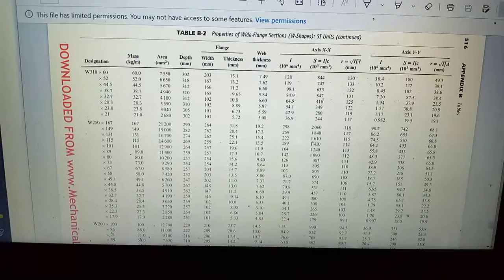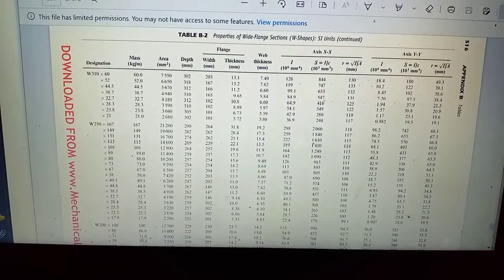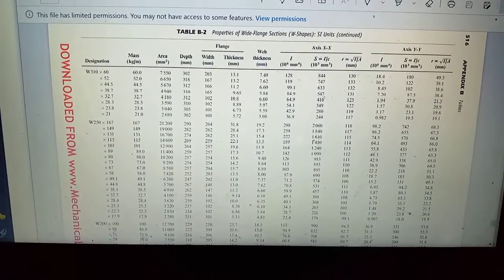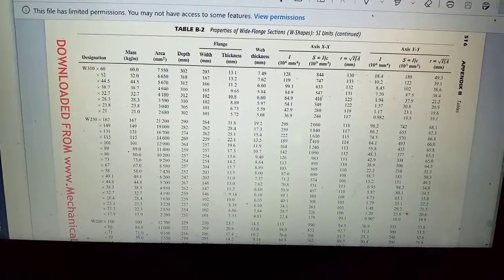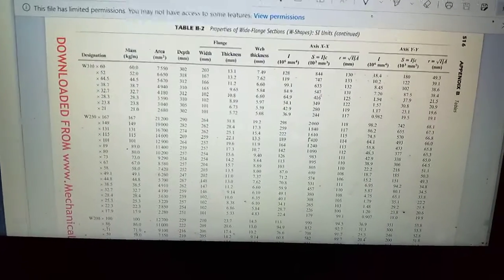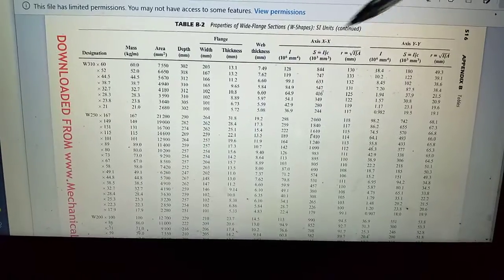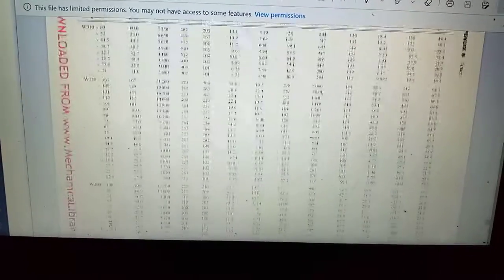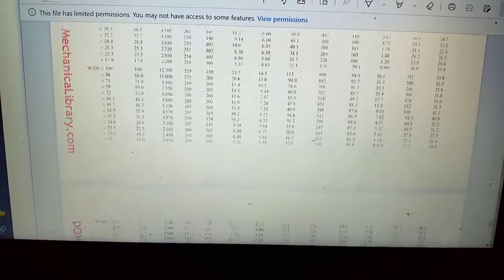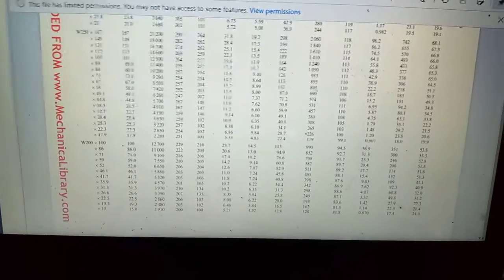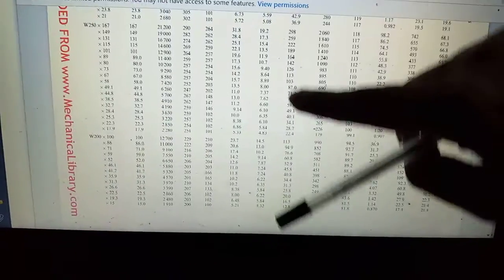Before we compute WO, we need to find the allowable moment, so we need to find the S of W250 by 28.4.